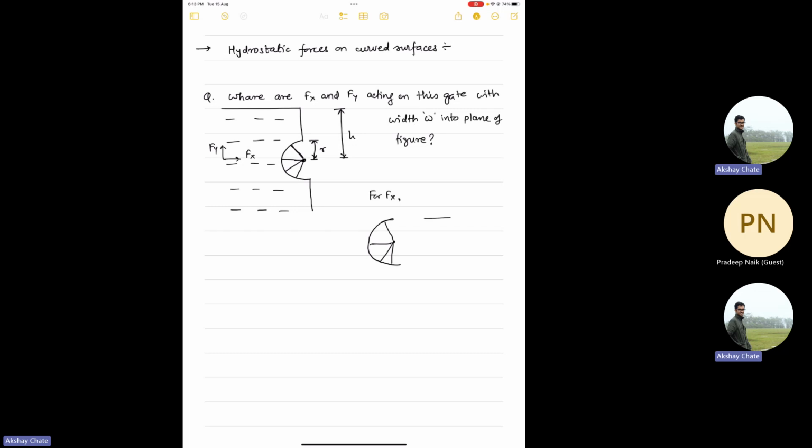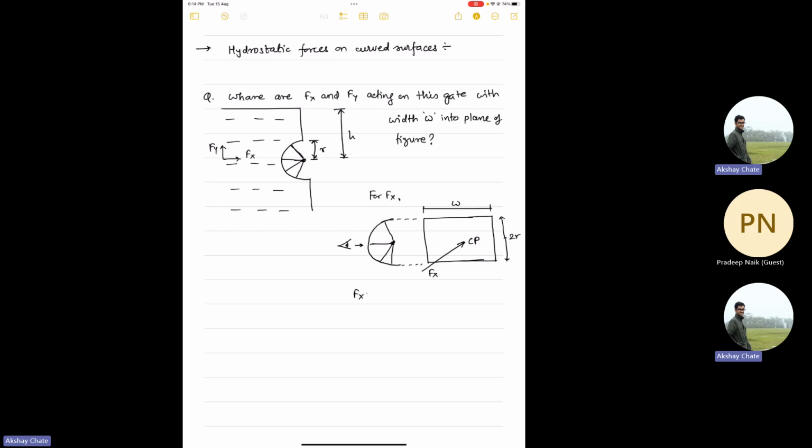If you do that, it will look like a rectangle when you are looking from this side. In the question it is given that this width is W, and since it is a diameter, the total distance will be 2r. Here Fx will be acting in this fashion at Cp, the center of pressure of that projected area.